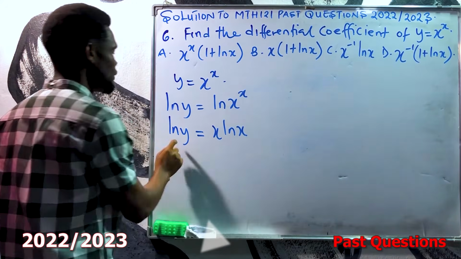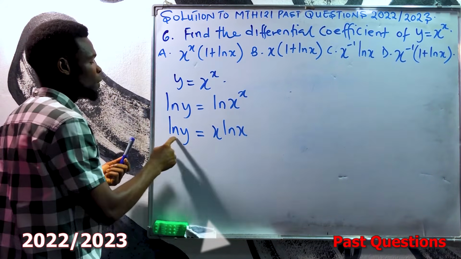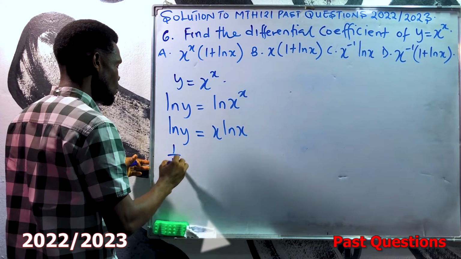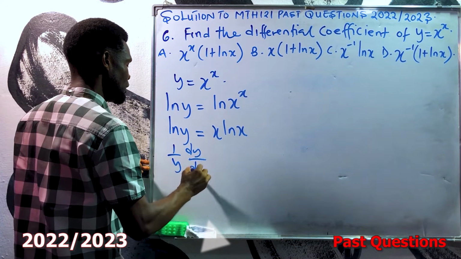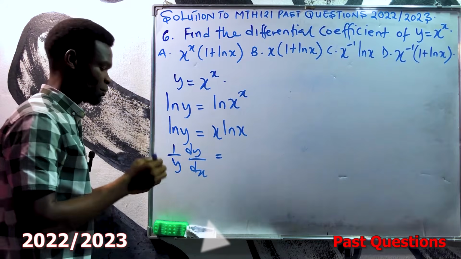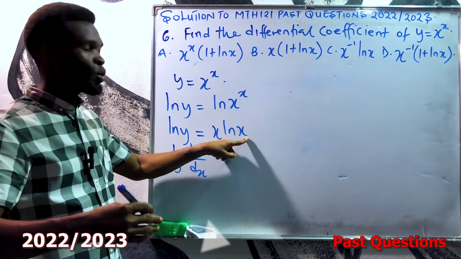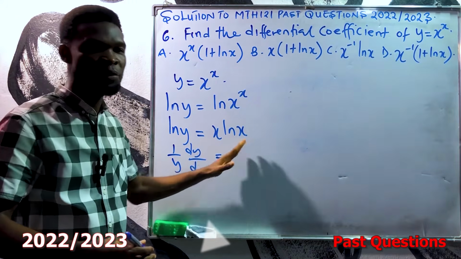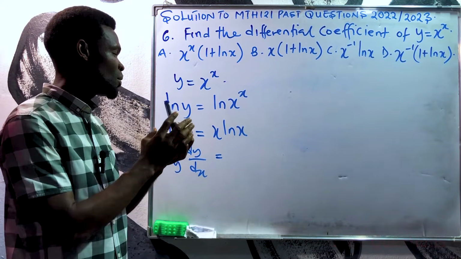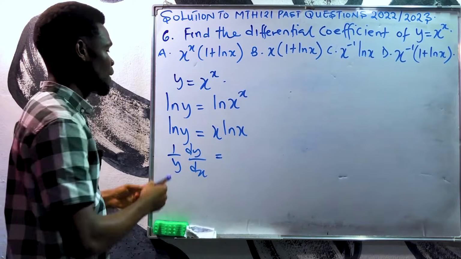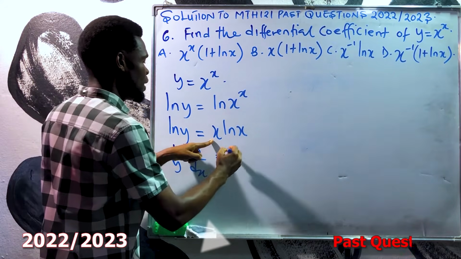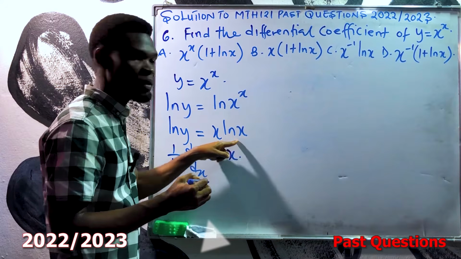So let's go. Let's differentiate the left-hand side. The derivative of ln y is 1 over y dy dx, equals, this is x times ln x. That's a product, so you are going to use the product rule. What's the shortcut to differentiating a product function? First of all, keep the first, x, times differentiate the second.